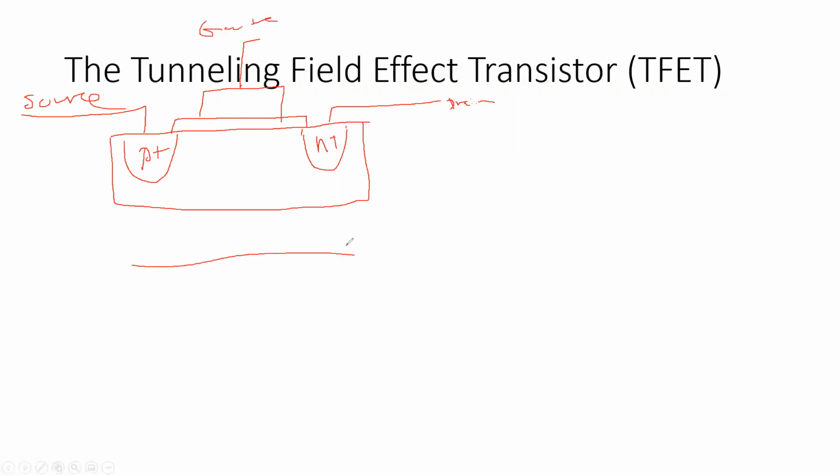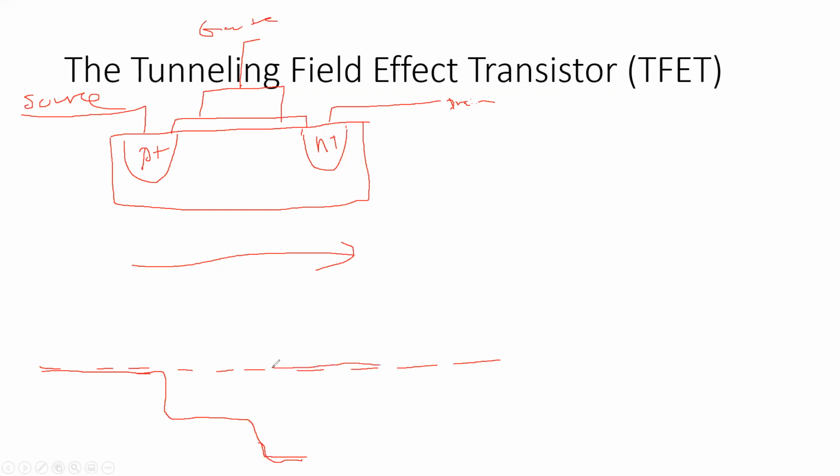Okay, so now let's think about a band diagram across the channel right here. All in equilibrium, zero gate voltage applied. So we have a flat Fermi level over there. And then here's our P-type valence band, and then it dips down into the intrinsic level. The intrinsic Fermi level is mid-gap, right? And then you have a kind of gradual change, and then it gets really sharp in the N region, right?